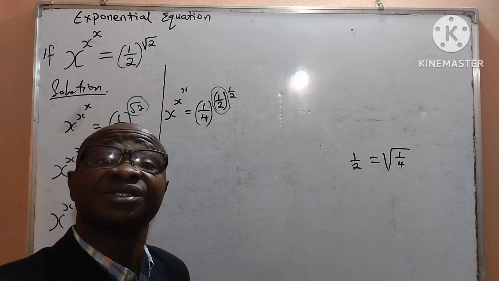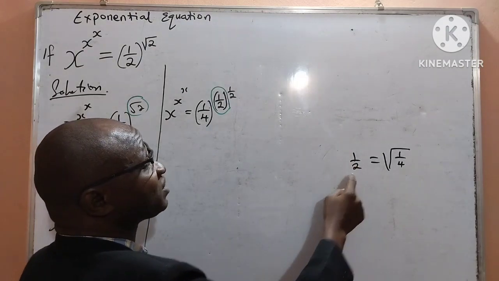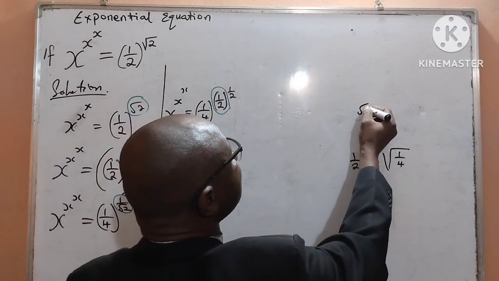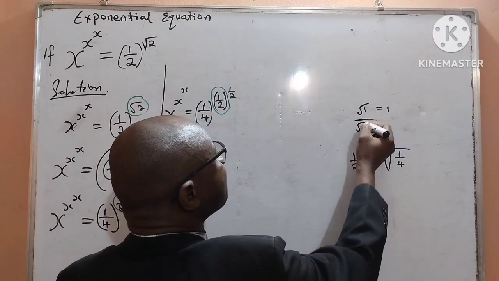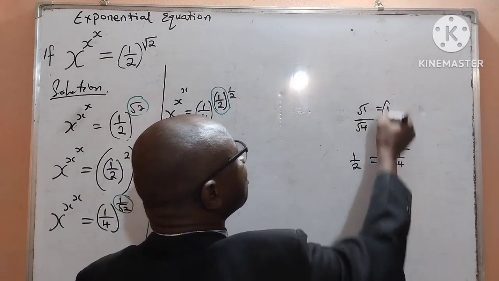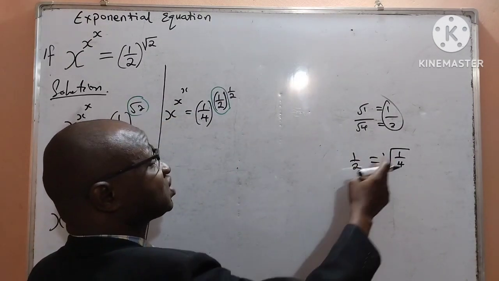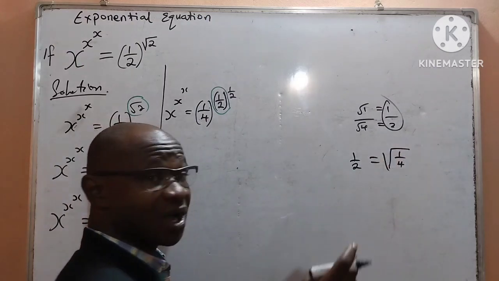Very correct. Okay? 1 all over 2 is the same thing as the square root of 1 over 4 because the square root of 1 is 1 and the square root of 4 is 2. So I still get 1 over 2 back. So 1 over 2 is equal to the square root of 1 over 4.